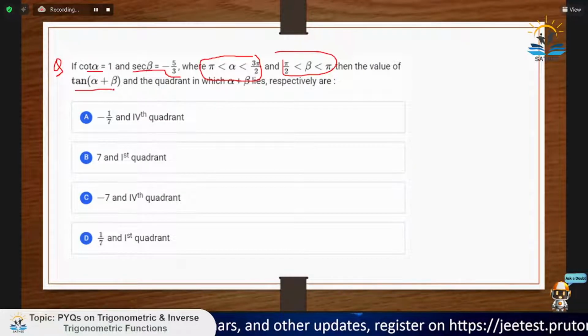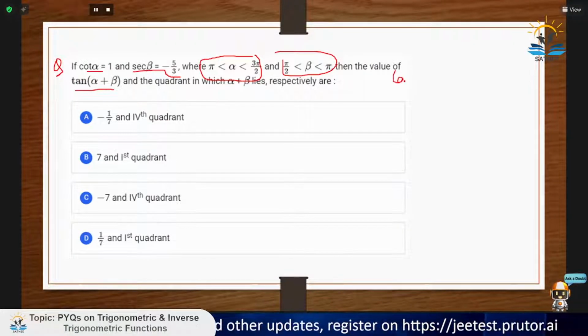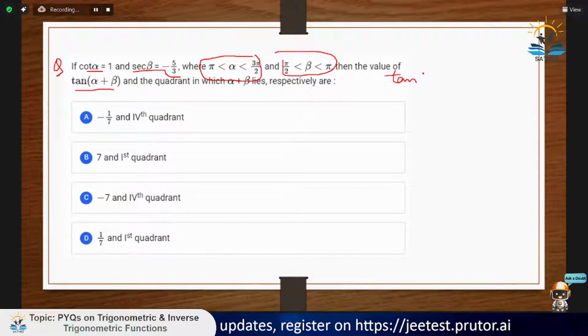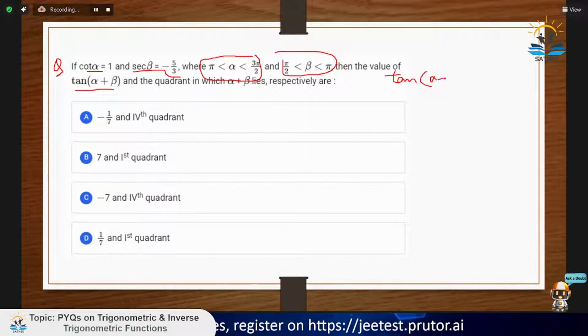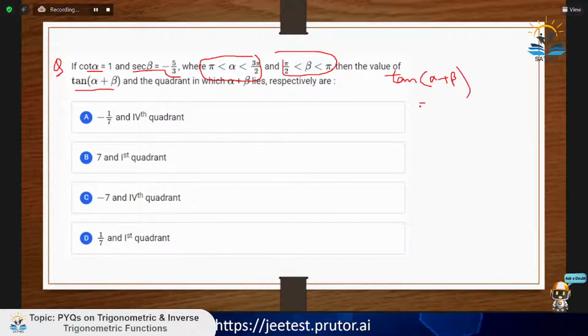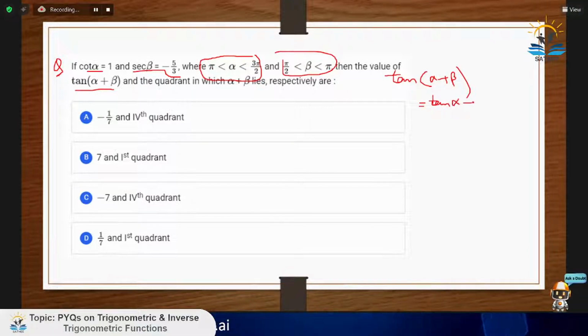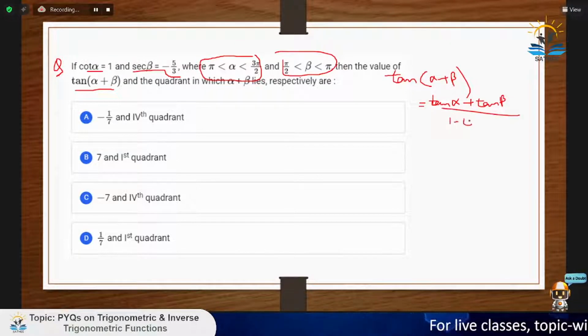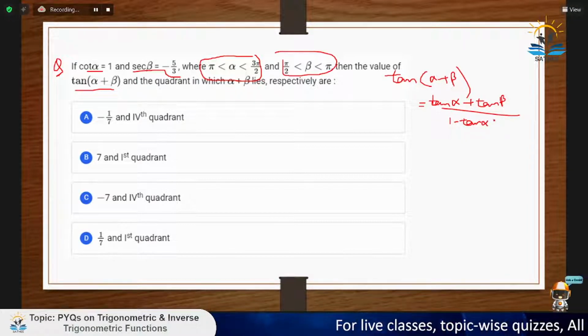They are asking me the value of tan of alpha plus beta, and I know the formula: tan of alpha plus beta is equal to tan alpha plus tan beta upon 1 minus tan alpha tan beta.